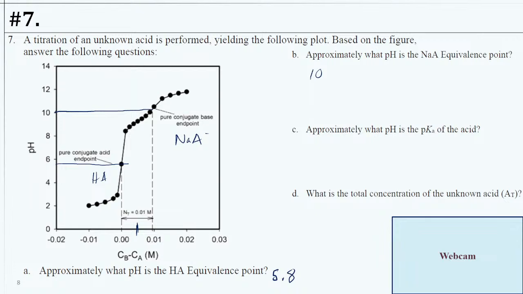If you took 10 minus 6-ish and said, okay, it's between those two, that's not going to get you the right answer. We actually have to go on the x-axis here, go something like right there as the halfway point, and draw across from there and say maybe that's 9-ish. I think in my initial notes I said maybe 9.5, but I'm a little more convinced it's about 9 today.